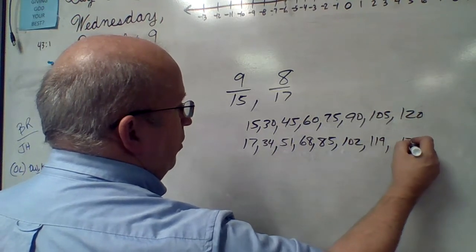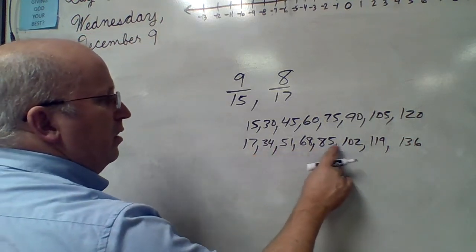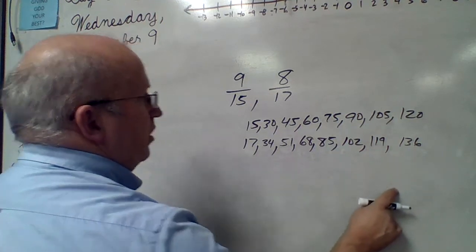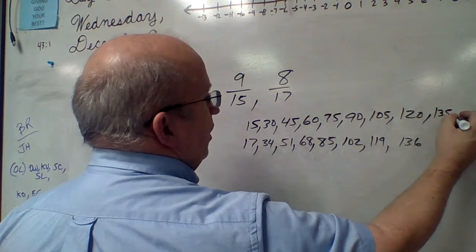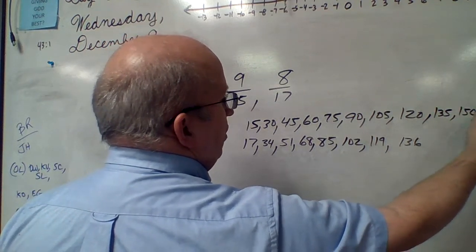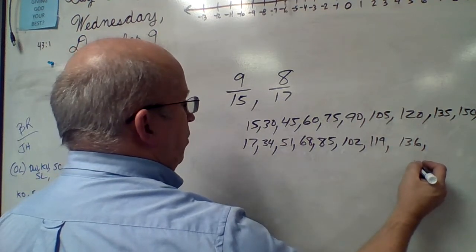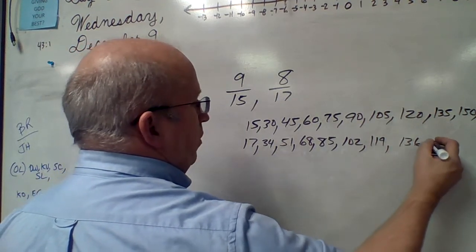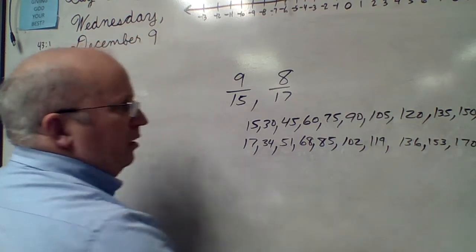How about 136? Do we have anything in common yet? I don't see anything yet. Well, I guess I gotta go bigger. Oh boy, oh boy. 135, 150, 165. Let's go bigger with this one. 140, 153, 170. Ay, ay, ay.